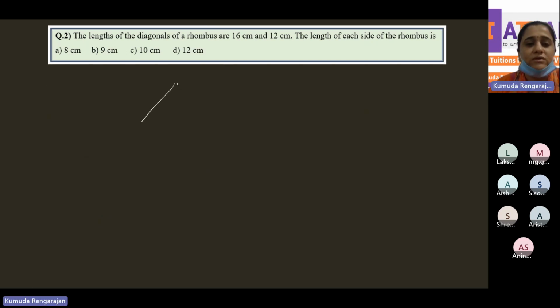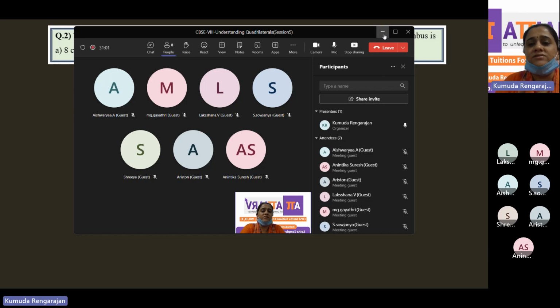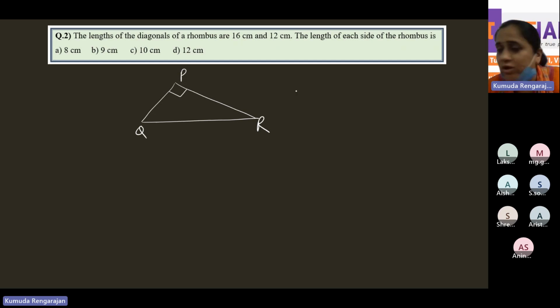Now, tell me this one. Somebody online? Saujanya, answer this. Tell me the result by Pythagoras theorem for this right triangle PQR. Shriya?